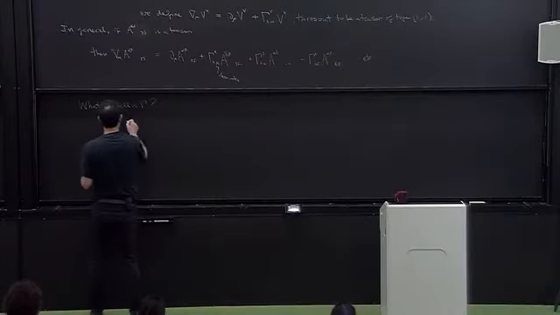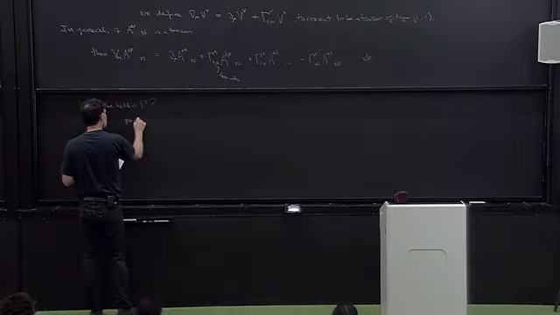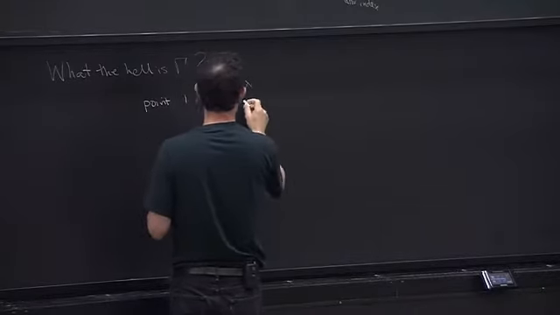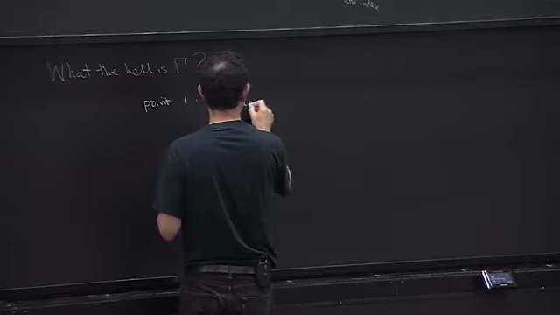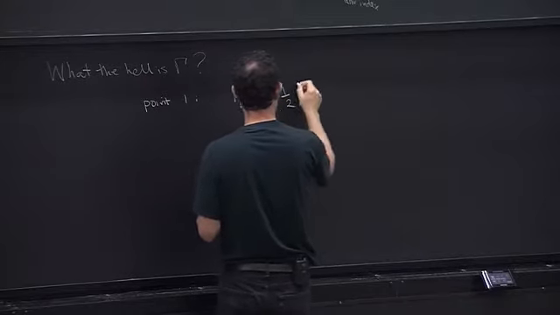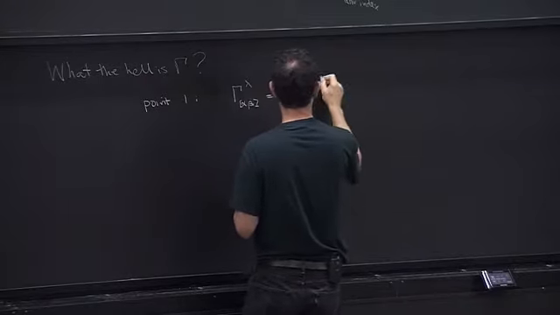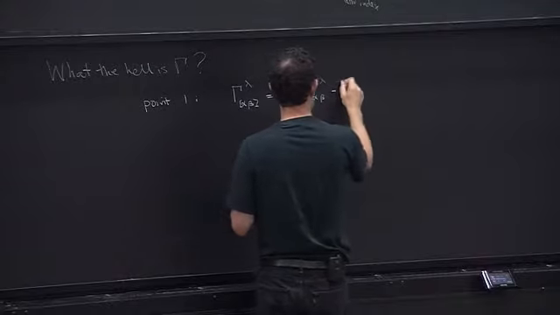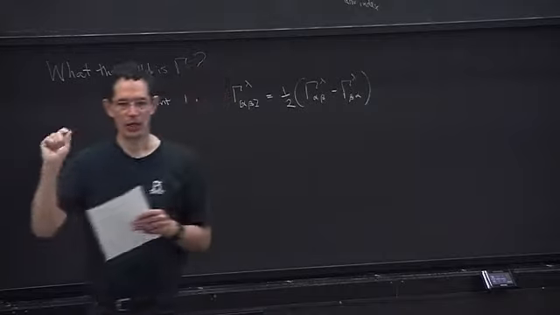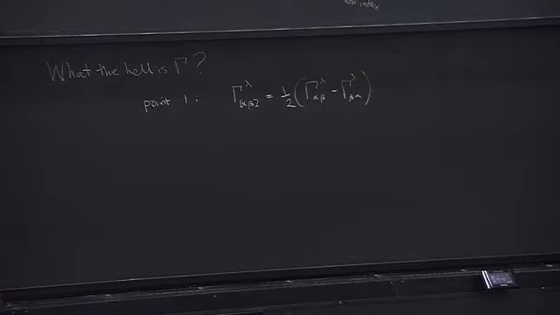Well, the first point to make: the antisymmetric part of gamma, which, remember, we defined the antisymmetric part to be this, gamma. The antisymmetric part of a tensor is just obtained by taking the tensor and flipping the indices and putting a minus sign.